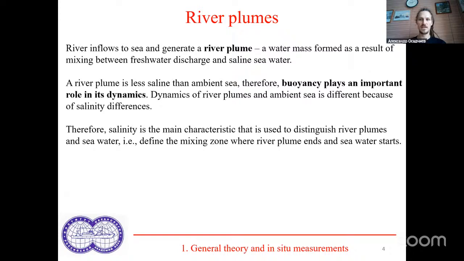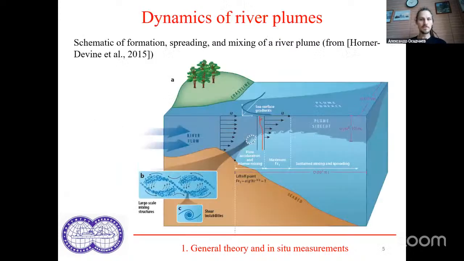Salinity is the main characteristic used to distinguish river plume water from seawater. But very often we focus not on salinity but on turbidity, because we see turbidity from space with much better accuracy than salinity.